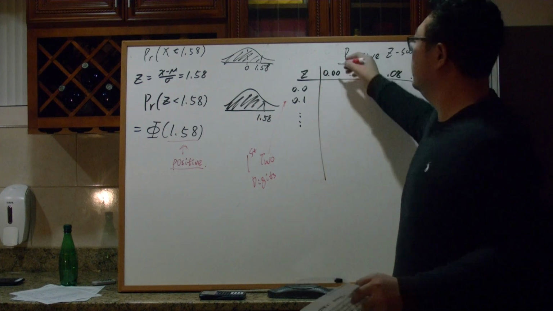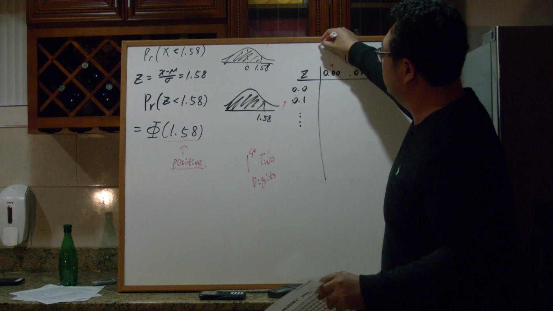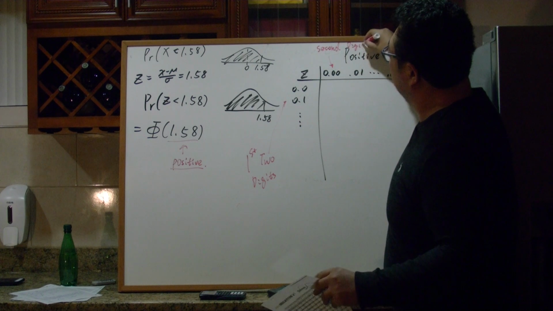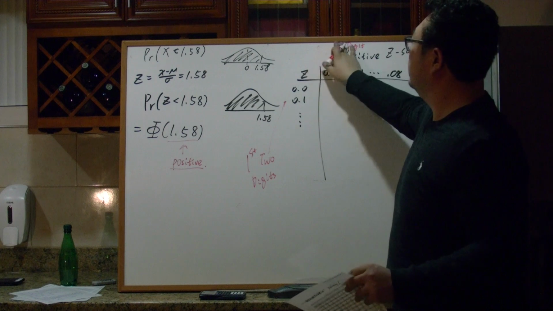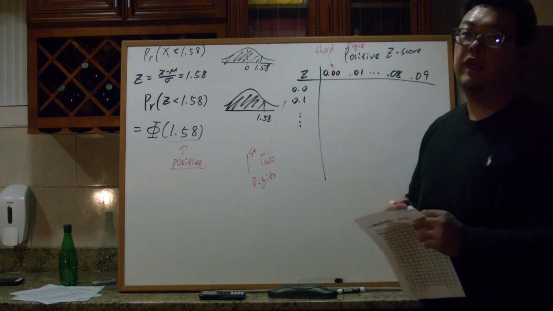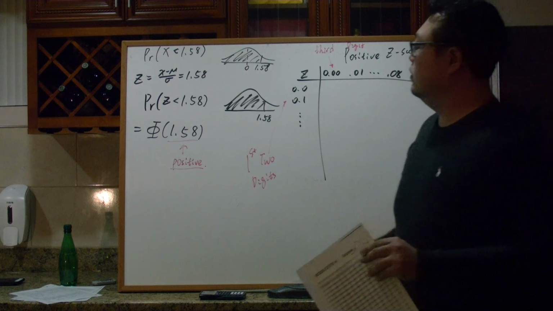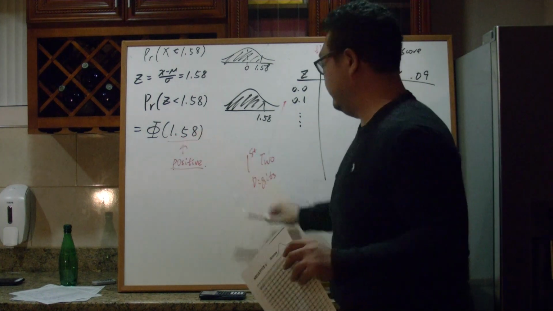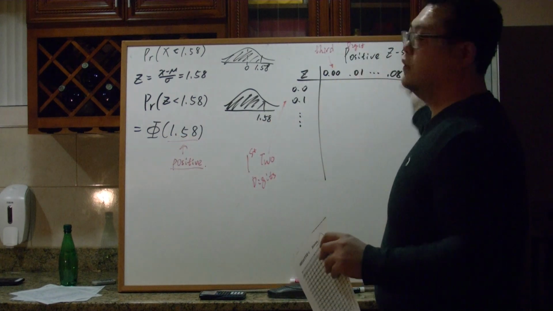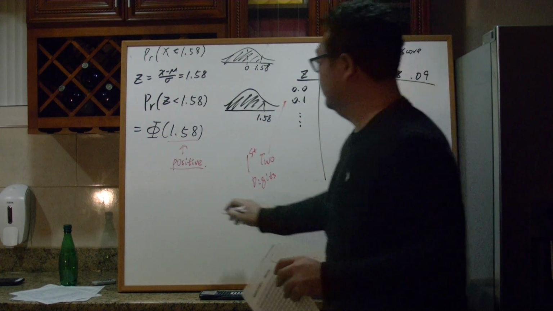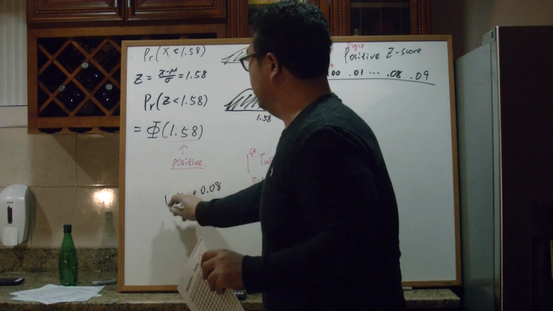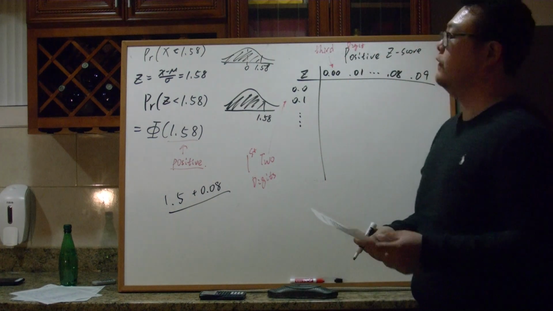And the top shows the third digit, or second decimal place. If we're looking for 1.58, it is 1.5 together with 0.08, which makes the number 1.58.